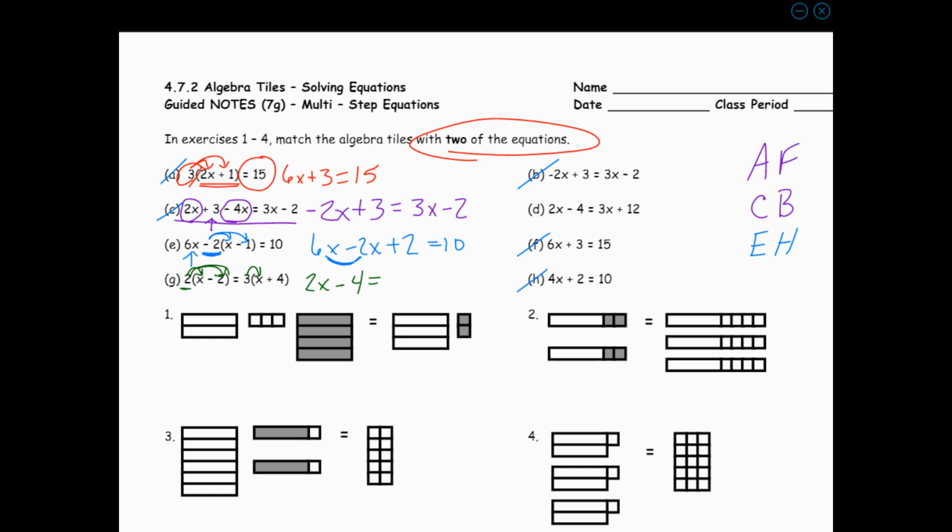And then I've got 3 times x on the other side, 3x plus 12. So does it match? Yes. So we matched all of them.